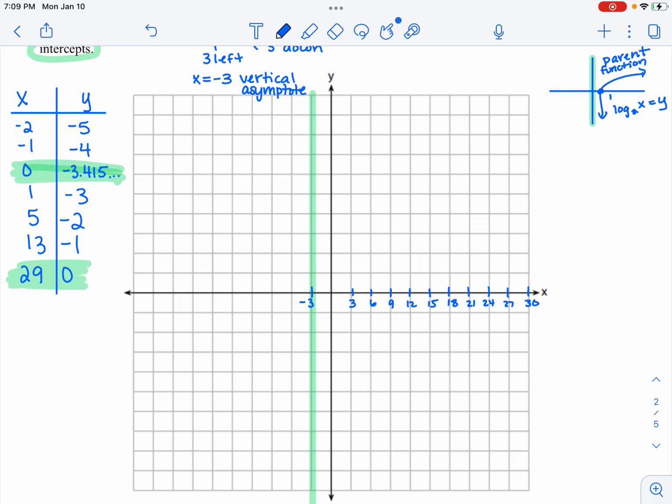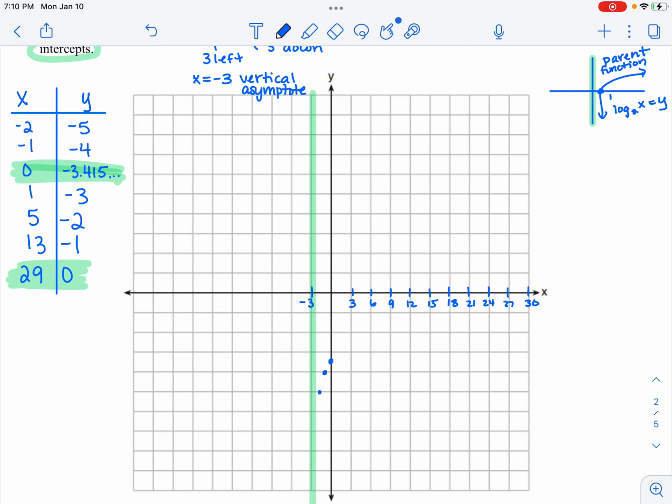Obviously, they're going to be all approximate since we only have x values that are multiples of 3. So -2, -5. All right, so I'm just going to go close to -3, but not quite get there. Okay, and then -1, -4, a little closer to the y-axis. 0, -3.4, so maybe somewhere around here.